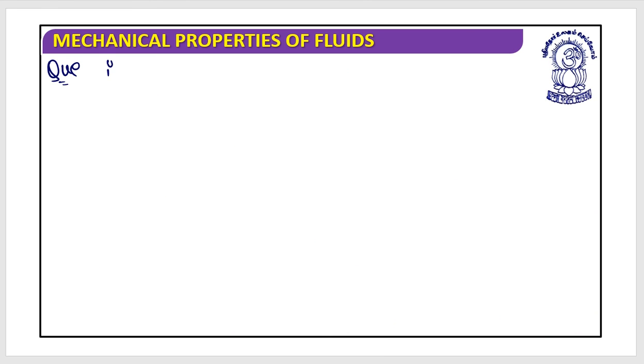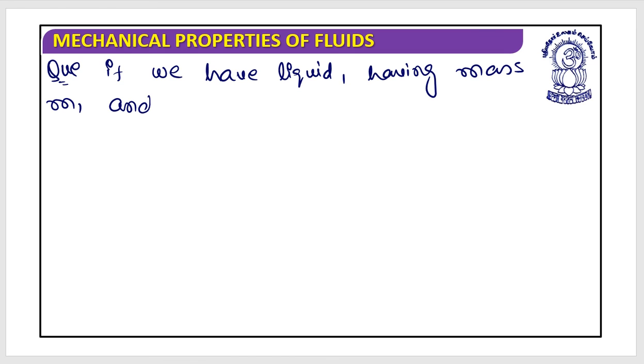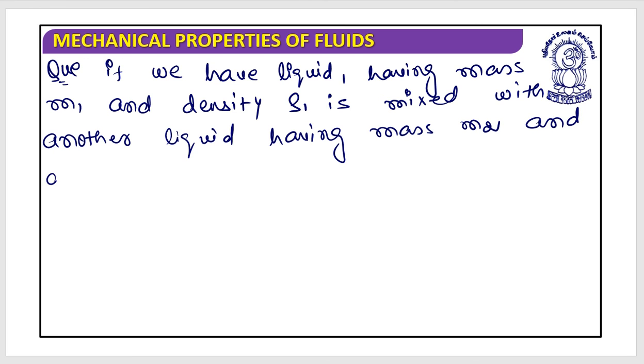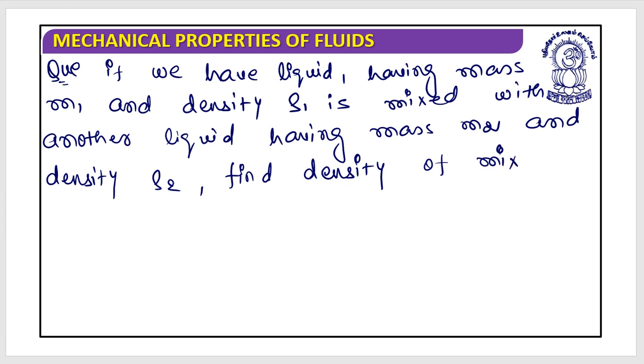Let's suppose the question is: if we have liquid 1 having mass m1 and density rho 1 mixed with another liquid having mass m2 and density rho 2, find the density of the mixture. This is the question.